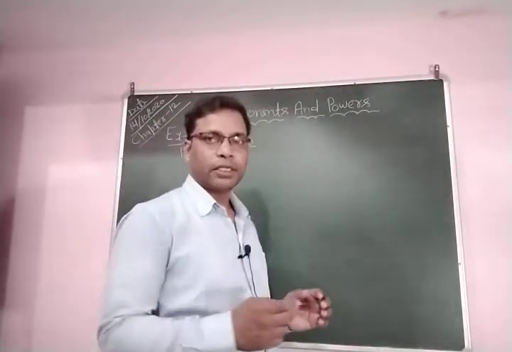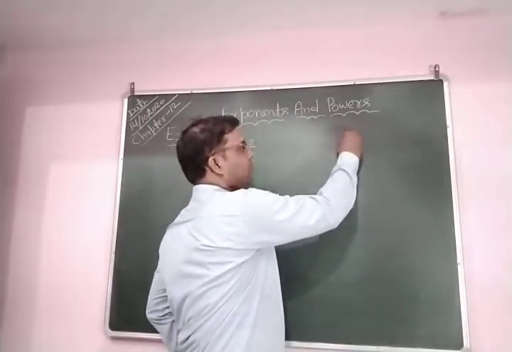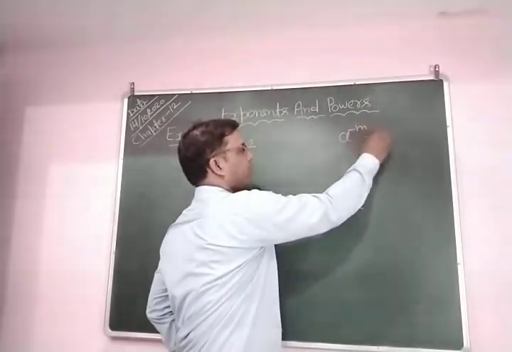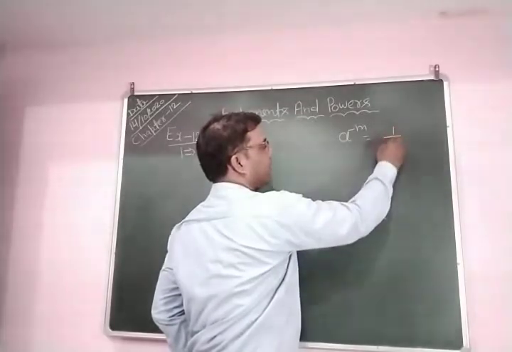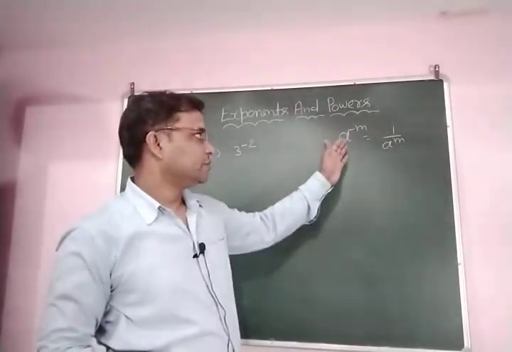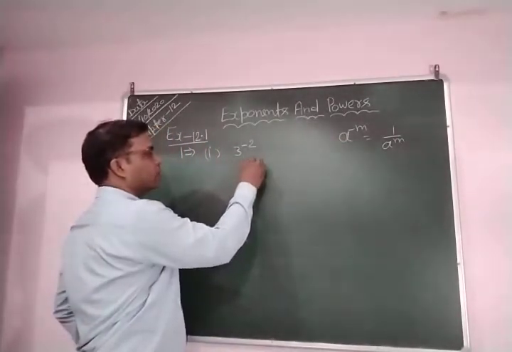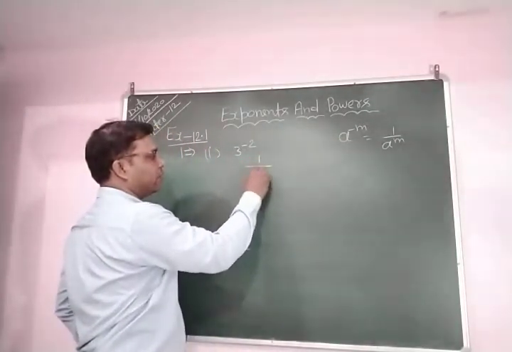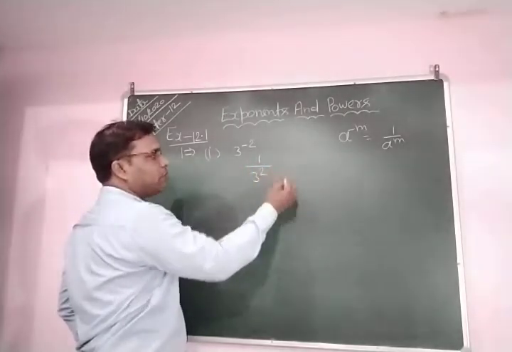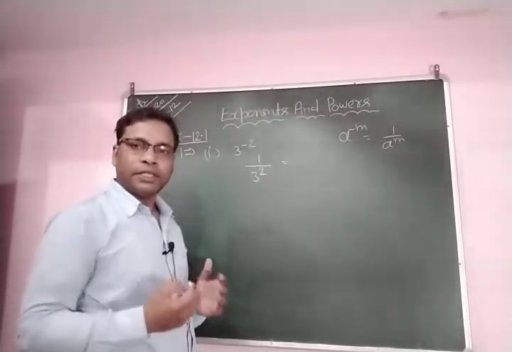So we know that the law of exponent is that if we have a to the power minus m, then you can write it as 1 by a to the power m. So according to this law of exponents, we can also write 1 by 3 power 2. 3 power 2 means what? It means that 3 is multiplied 2 times by itself.